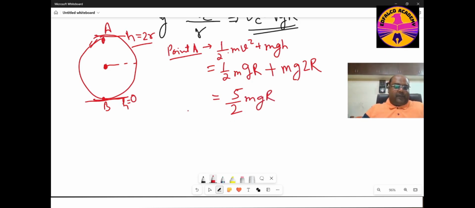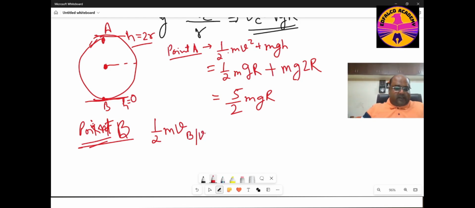5 by 2 mgr. Now if I look at point B, the mechanical energy can be given as half m times the velocity at point B, given the critical speed at A, squared, plus mgh, where the mgh component is going to become 0.